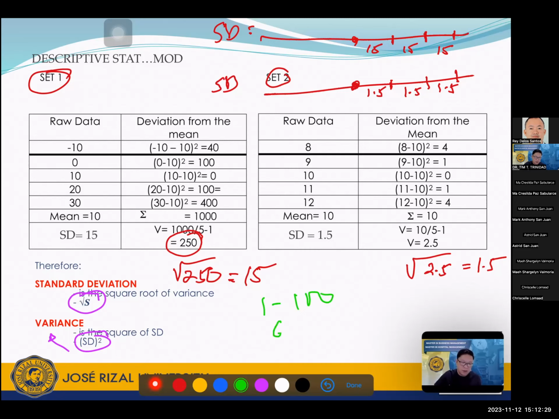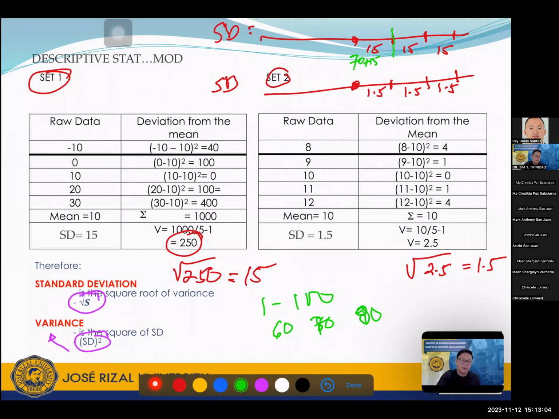the lowest score is 60. The highest score is 90. Let's say the middle of this is 70. Okay, so if the middle is 70, add 15 here. 70 plus 15 will be 85.